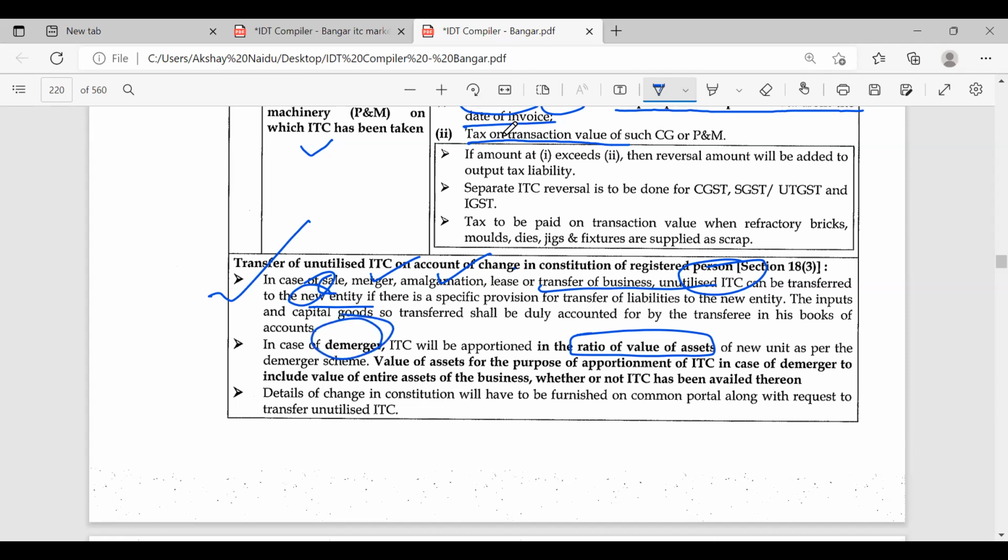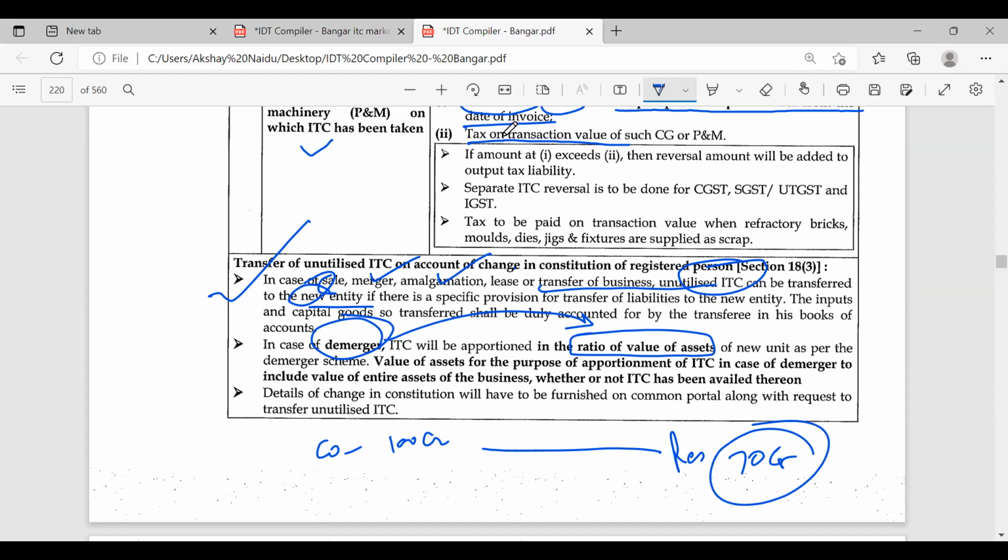Now, when it is demerger, there is the value of assets. On the basis of the value of assets, suppose in demerger previously my company was having 100 crore of assets. At the time of demerger, now my resultant company is having 70 crore of assets. So I will give ITC in proportion to the 70 crore, whatever would be the proportion, to my resultant company.